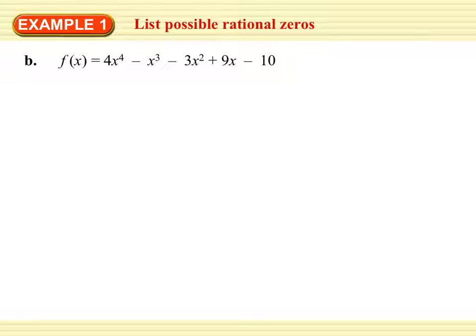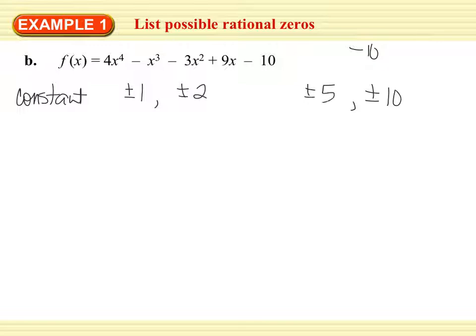So first I will list my constant. It's -10. So I have plus or minus 1, plus or minus 10, plus or minus 2, plus or minus 5, and we're actually done. I left way too much space.